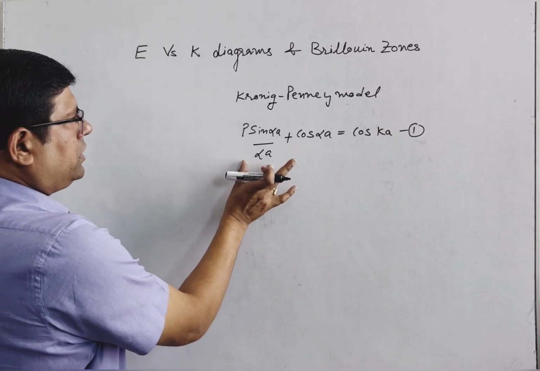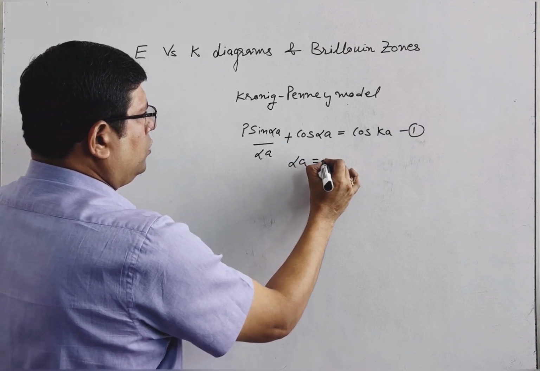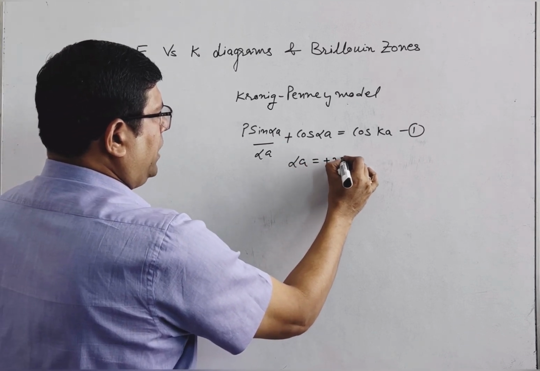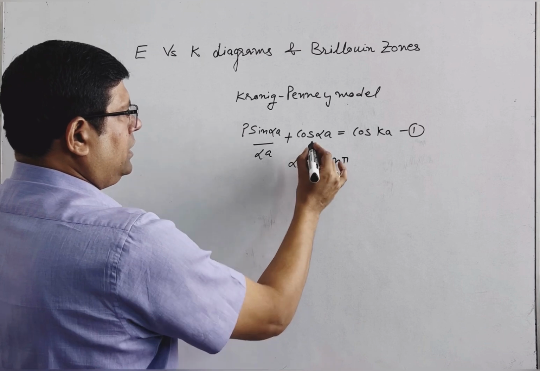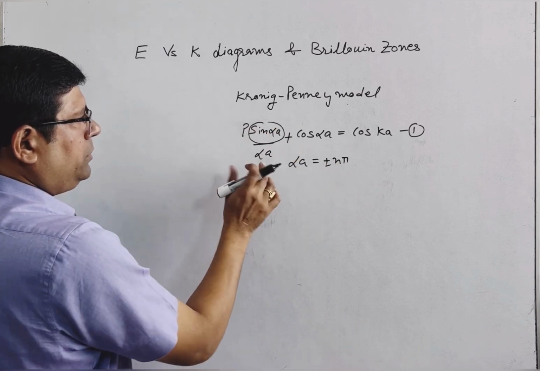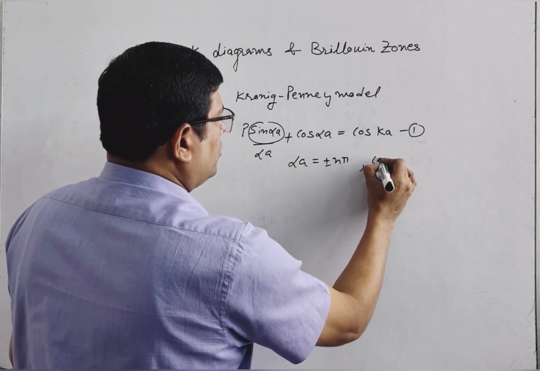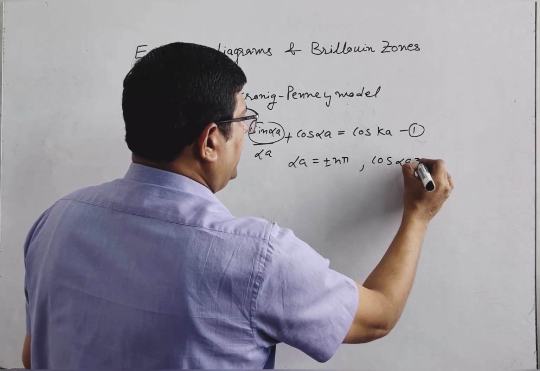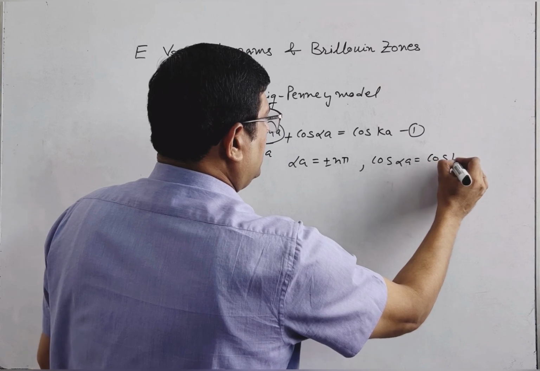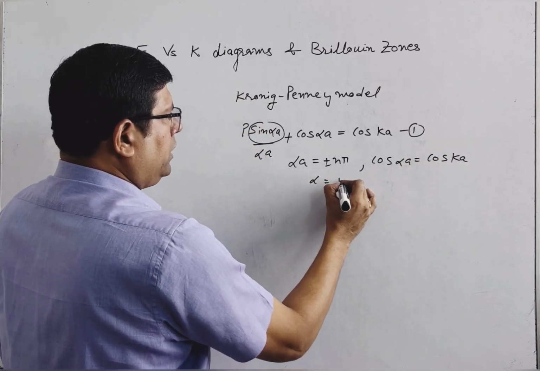In this equation, if αa = ±nπ, then sin(αa) will be 0, and the first term will be 0. So we have cos(αa) = cos(Ka), or you can say α = K.